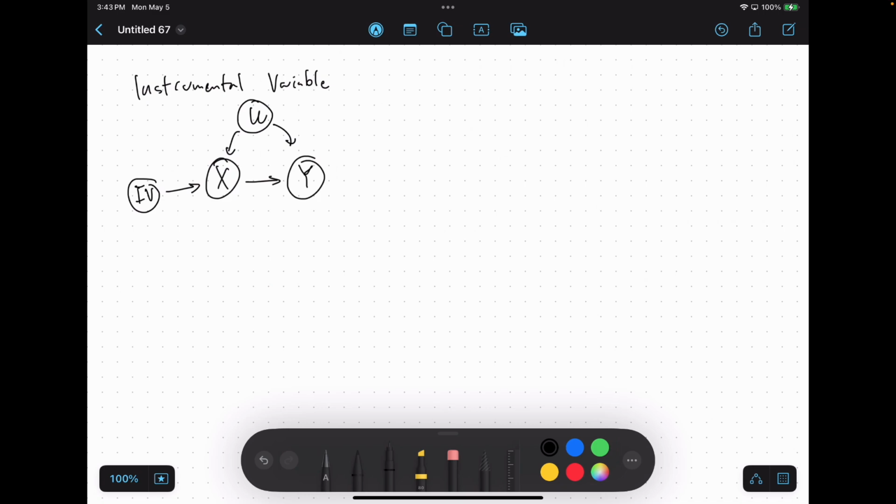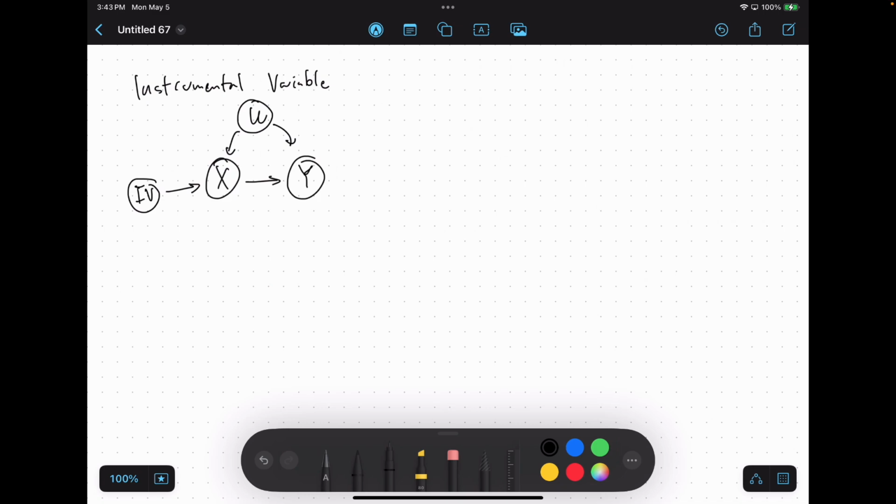It's a very powerful tool because you can have any number of unobserved things happening related to your outcome, and we talked about how difficult it is to isolate all of those things. If you find a good instrumental variable, it lets you bypass all of that.